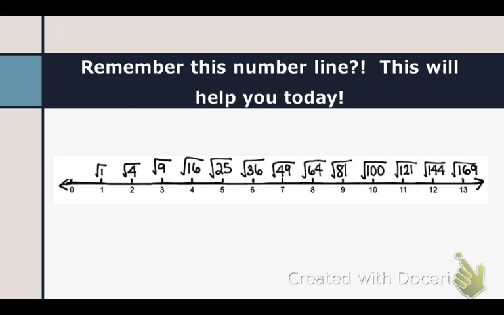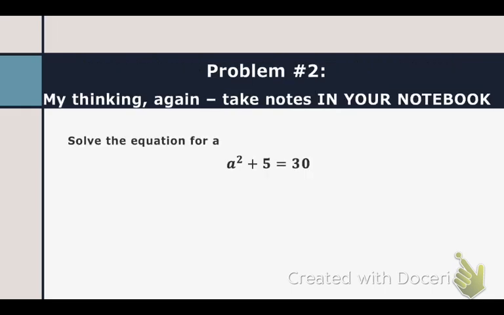Okay, let's try problem number 2. This is my thinking again, and I need you to take notes in your notebook. So we're going to solve the equation for a, and our equation is a squared plus 5 equals 30. So the difference here is that we actually have a variable that has an exponent, and specifically an exponent of 2. So same process.